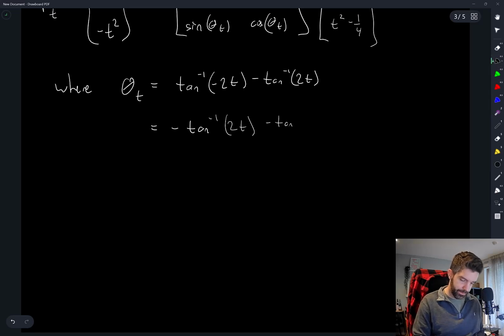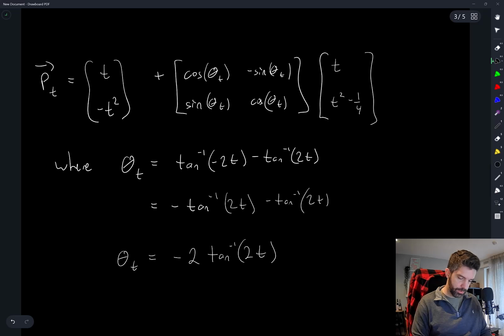Minus tan inverse of 2t. So this is negative 2 tan inverse of 2t. So I wonder if cosine theta and sine theta can be simplified from that.